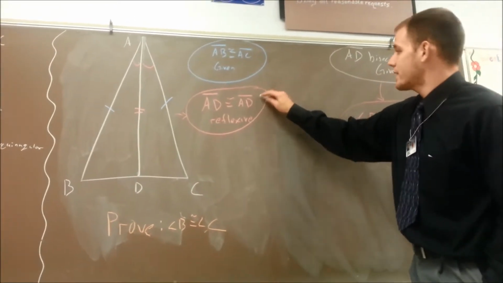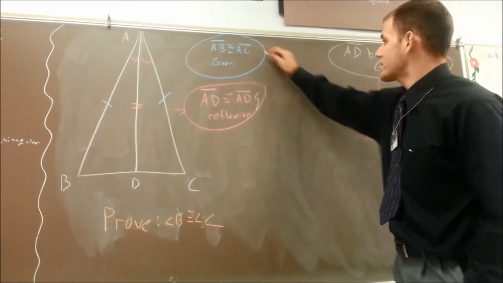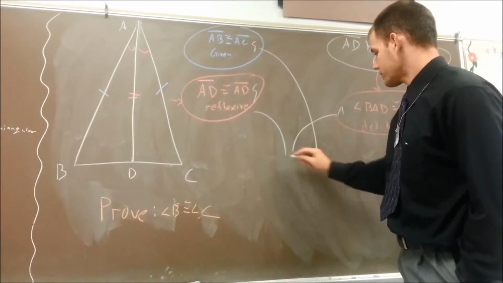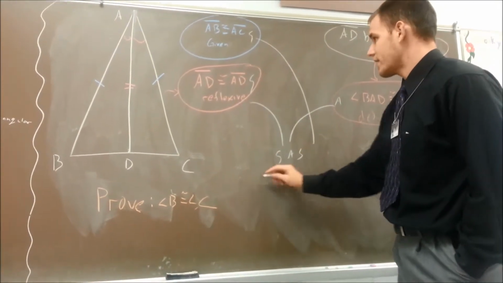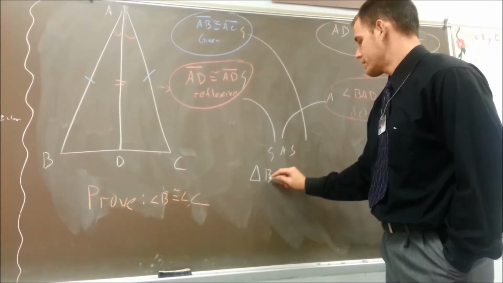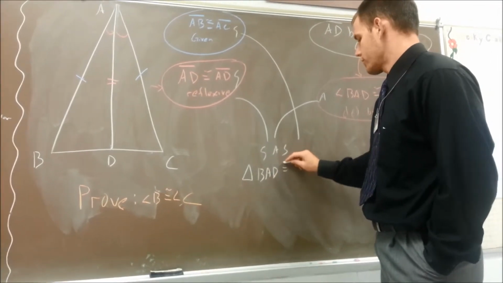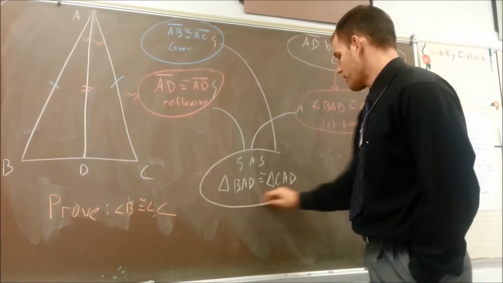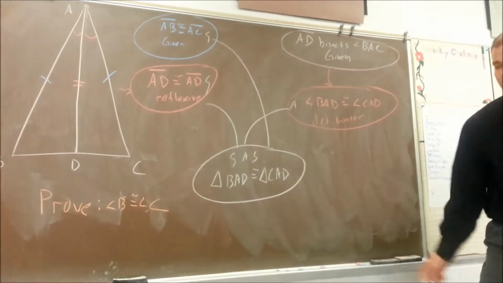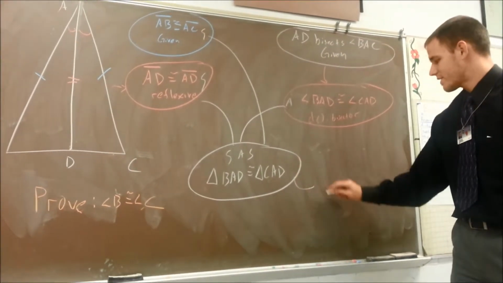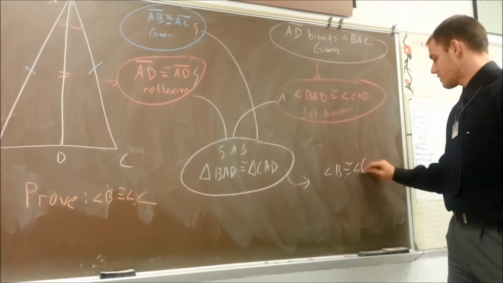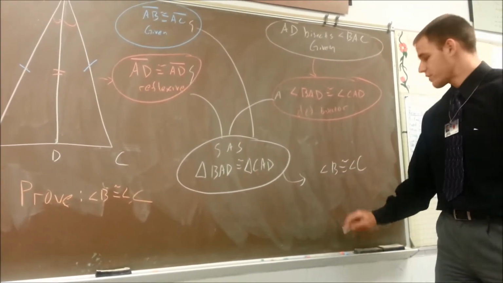So we've got a side, an angle, and a side. Side angle side allows us to say triangle BAD is congruent to triangle CAD. And if the triangles are congruent, that means everything's congruent. So that lets us say angle B is congruent to angle C by definition of congruent triangles.